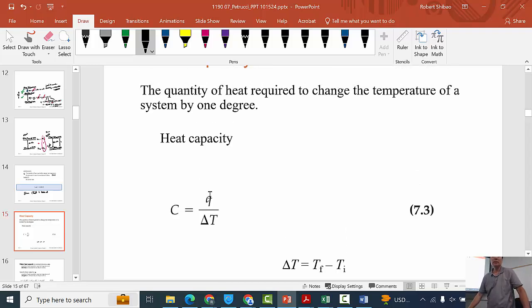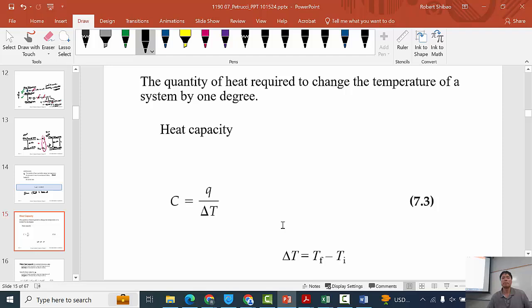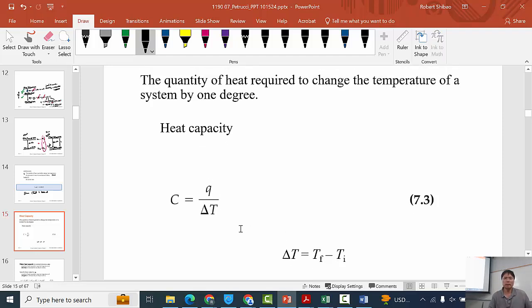So the heat capacity is the quantity of heat required to change the temperature of a system by 1 degree. But it depends on the system. So C, the heat capacity, is the quantity of heat required to change it.